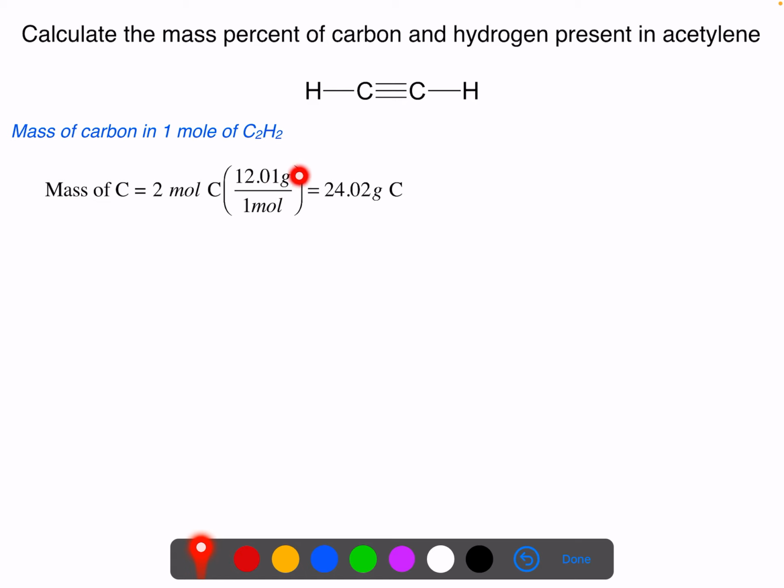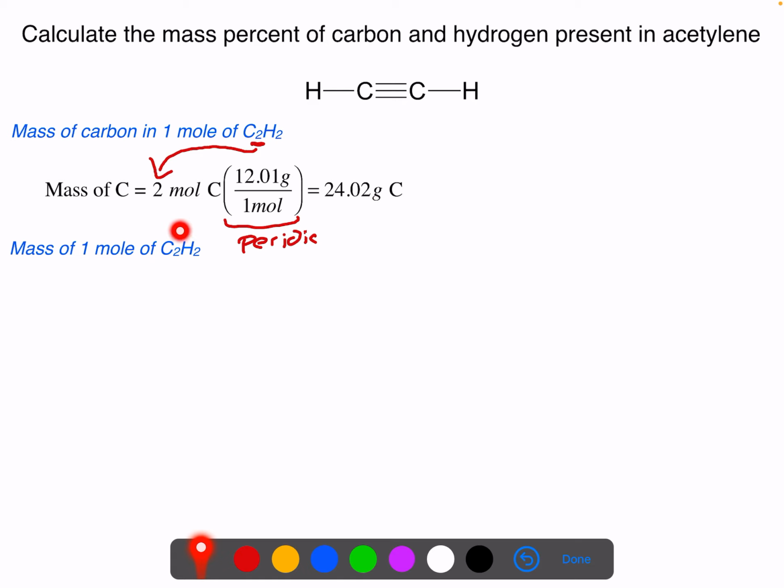So this 2 is that 2, and this is from the periodic table. From that, we know the mass of 2 moles of carbon times its molar mass equals 24.02 grams of carbon. Now we have to find the mass of 1 mole of C2H2.